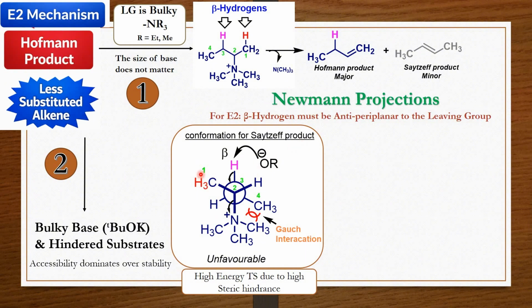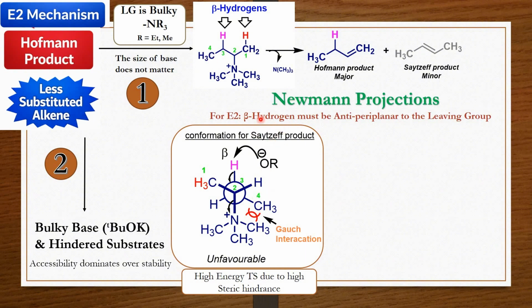So this will be the conformation for the Saytzeff product. Look at this. This is carbon number 1. This dot is carbon number 2, which has this bulky leaving group, and this big circle is carbon number 3, which has this pink hydrogen and a methyl.